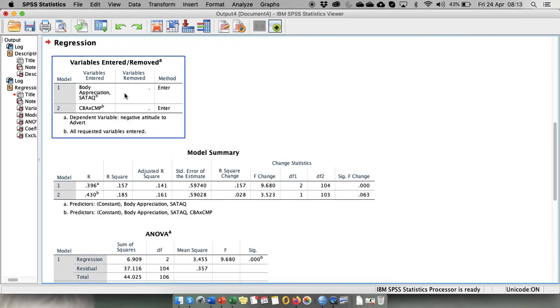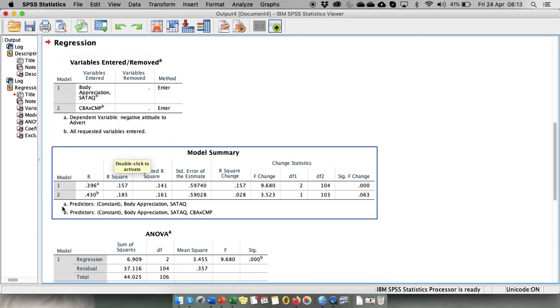So this is the output of the regression, or of our testing of moderation. In the first step, we entered the predictor variable and the moderator, and in the second step we entered the interaction between the two variables. In the first model, the main effects of the two independent variables account for 15.7% of variance, and it's significant.